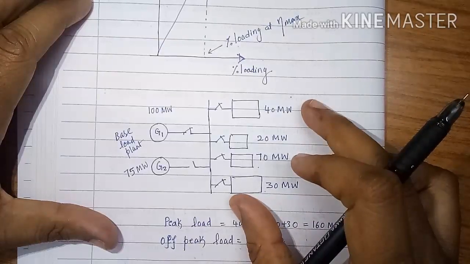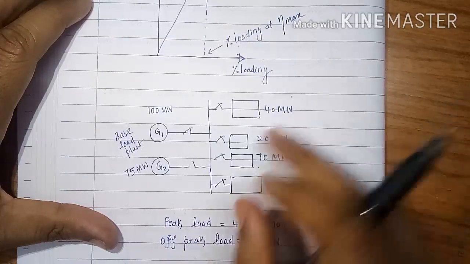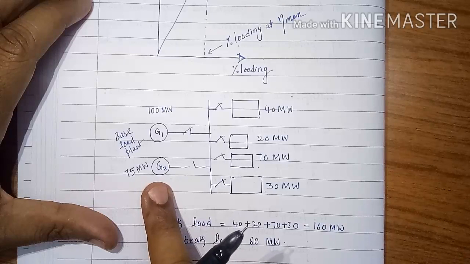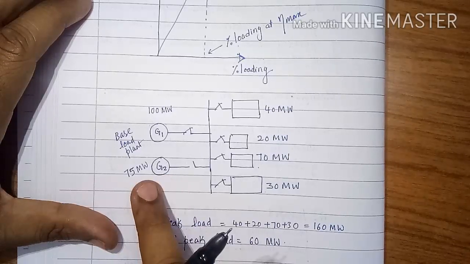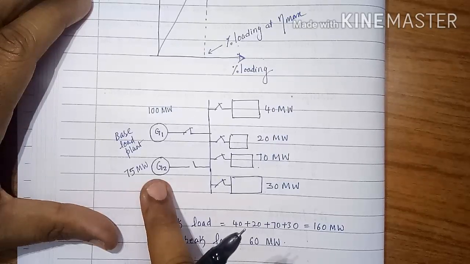When peak load is there, load taken by this generator will be 60 megawatt. So this generator will also be operating at a load closer to its rating. So the efficiency of generator 2 will also be better.